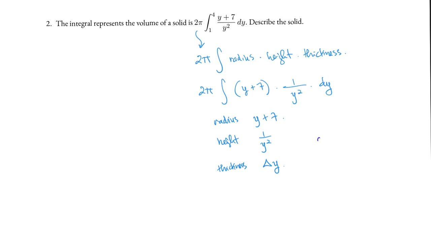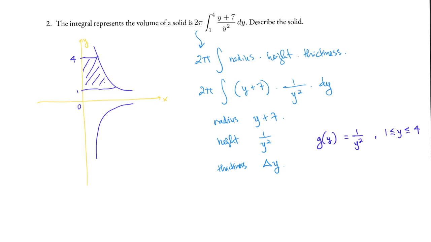We first attempt to draw the graph of x equals 1 over y squared for y between 1 and 4. Using the shell method, we will draw a representative shell with the cross section and label the point x, y. The radius is y plus 7, but the radius is the vertical distance, so it is the y upper minus the y lower.